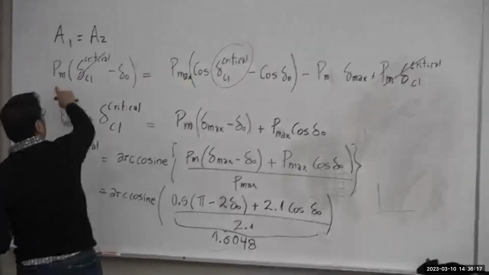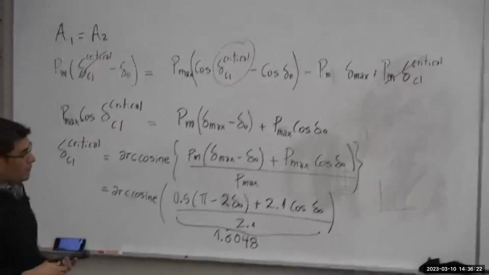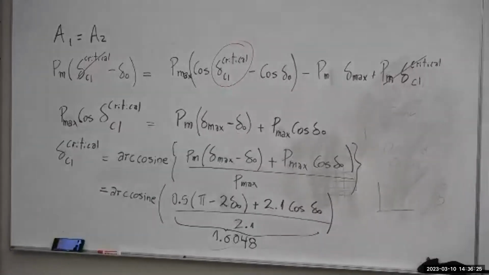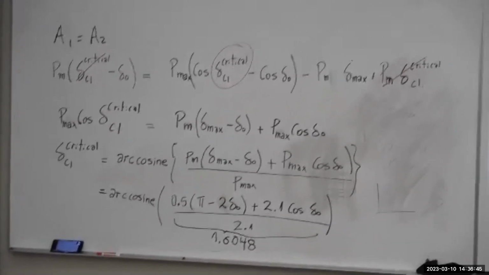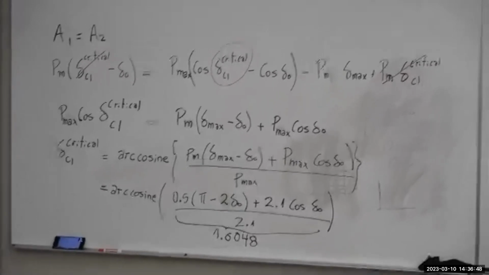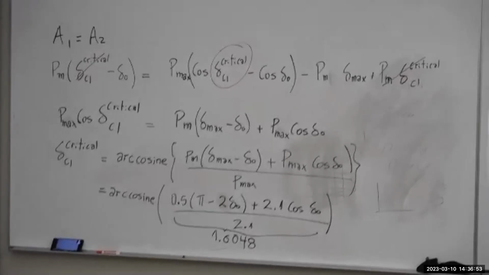Send this to this side. There is an error there, I guess. P max sine of delta minus Pm. We get the integral, this is the negative of this. P max cosine of delta max and plus the critical value. Okay, and this one is flipped.